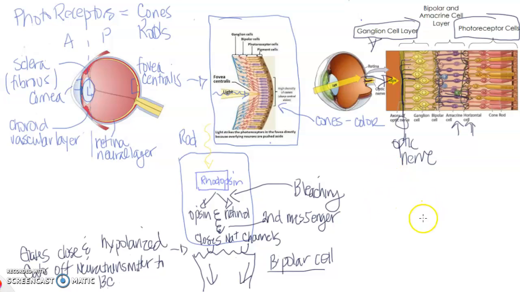Now remember, when you're looking at something straight on, if this is the fovea, you see this clearly. But you can also see things over here too. So those bipolar cells are also going as well. So you can also see vision in the periphery as well as this one, but it won't be as clear as what's happening at the fovea centralis.